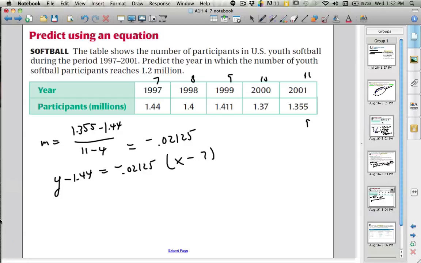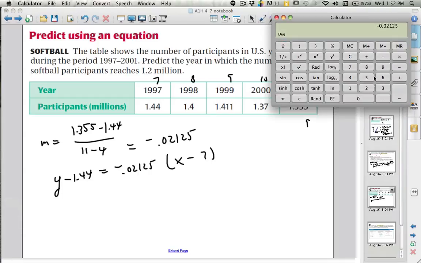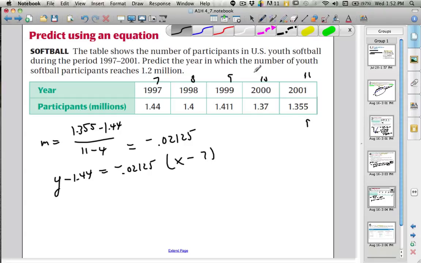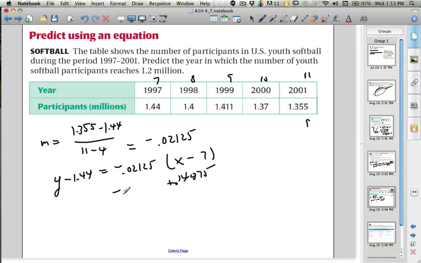Okay, so let's go back to our calculator and take that number and multiply it times 7. So I'm going to get 0.14875, and I'm going to get negative 0.02125x.